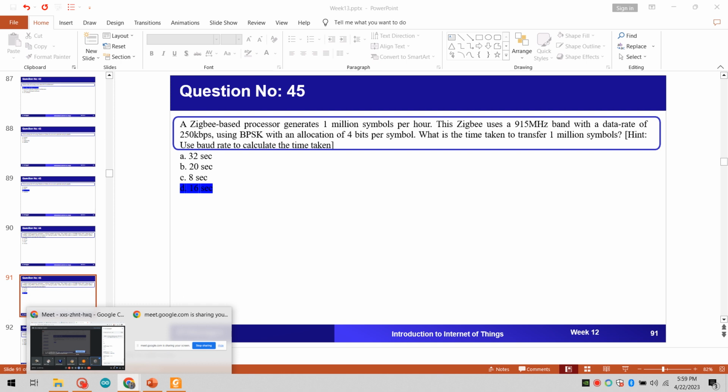So 1 bit can be sent in 1 by 250k, that is 250,000. This is the time taken to send 1 bit of data. Clear, or should I repeat?